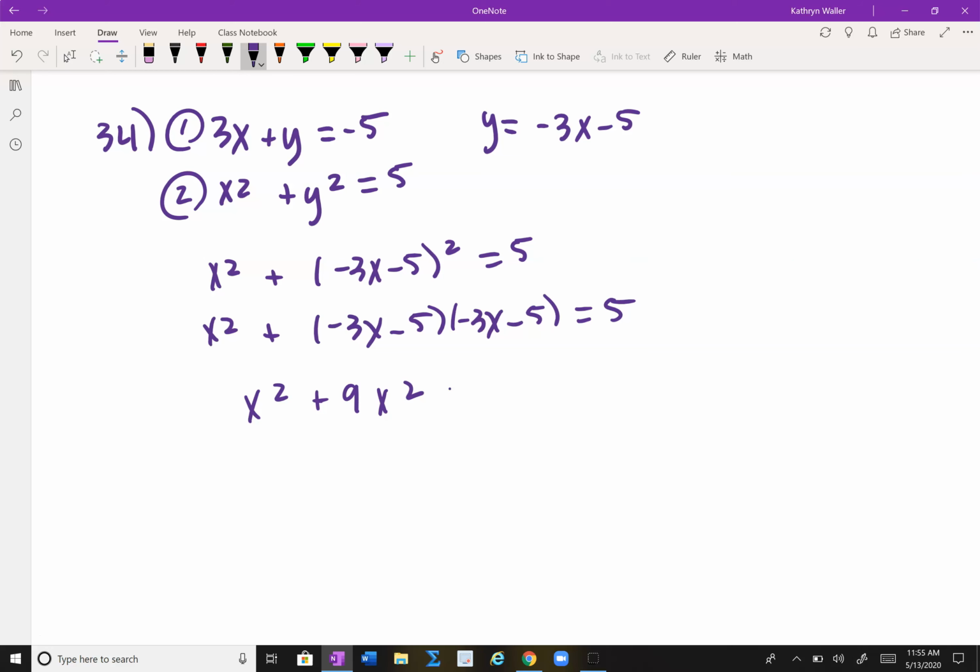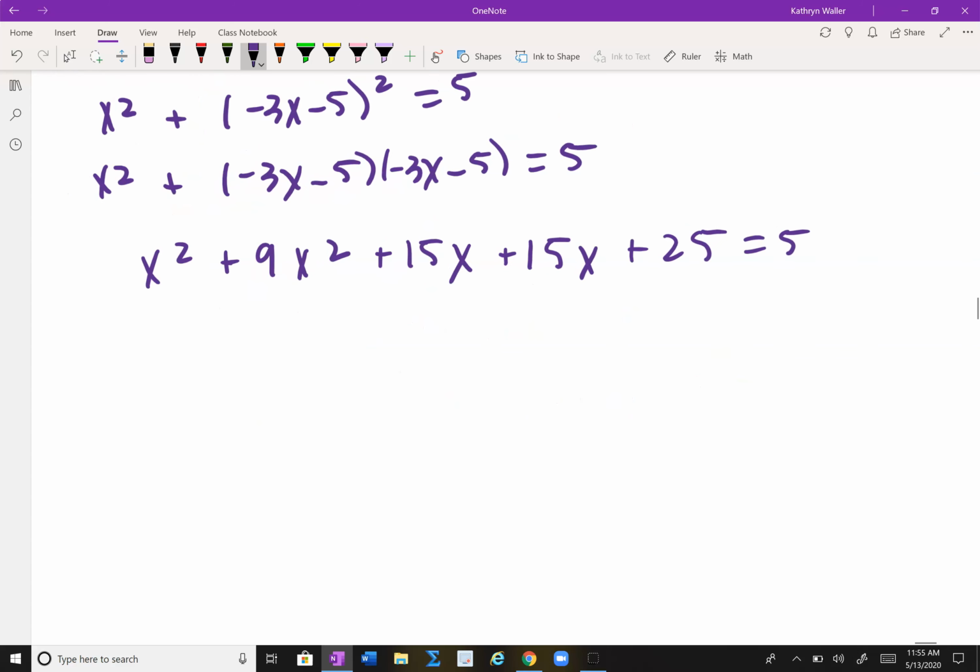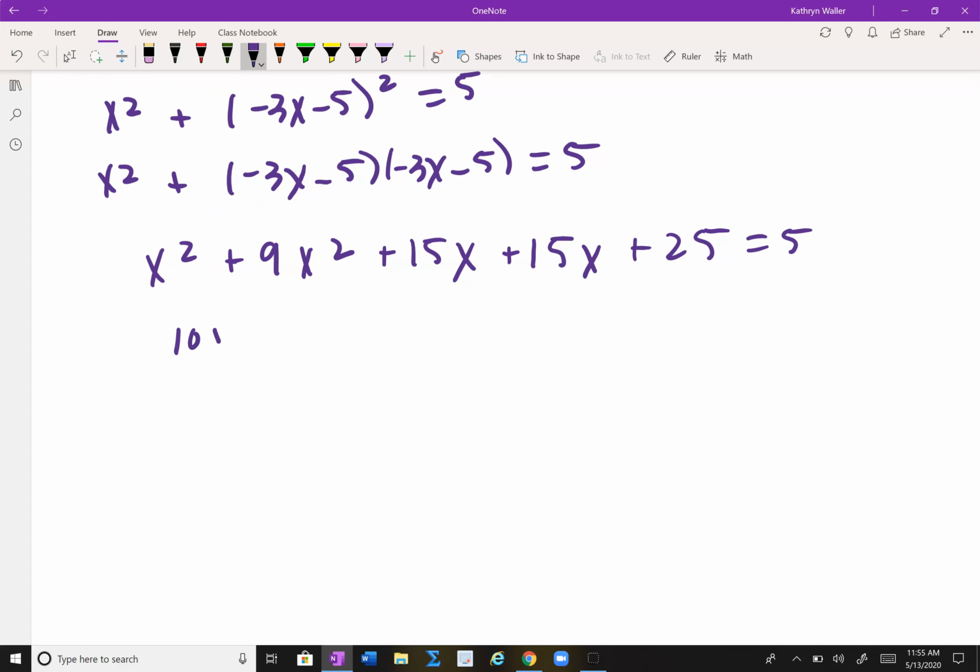Negative 3x times negative 5 is a positive 15x. Negative 5 times negative 3x is a positive 15x. Negative 5 times negative 5 is a positive 25 equals 5. Now I'm going to clean the whole thing up, move everything to the left. So I have 10x squared plus 30x. 5 comes over and becomes a negative, plus 20 equals 0.